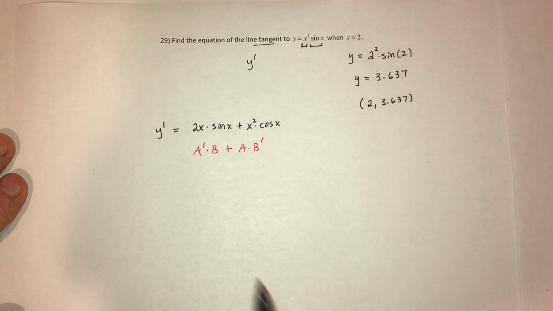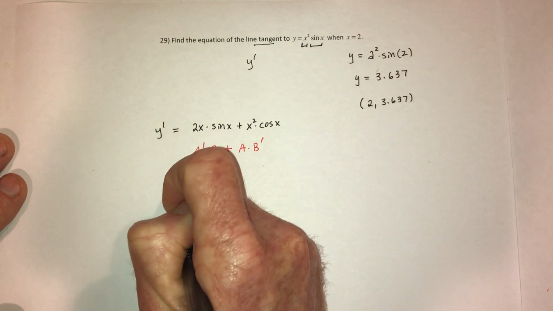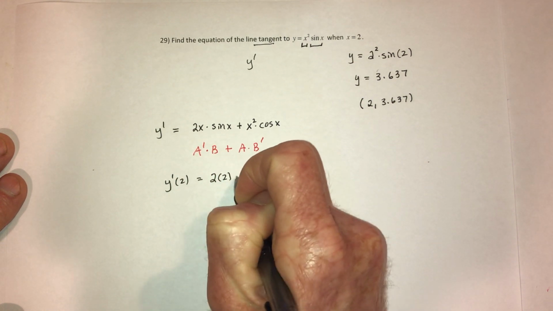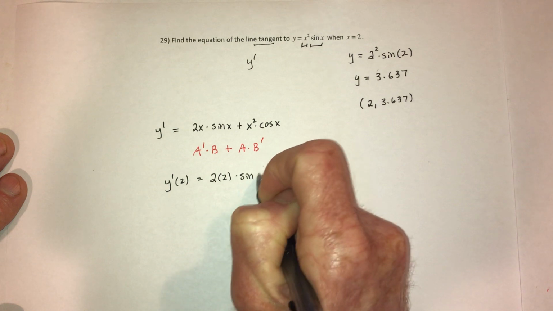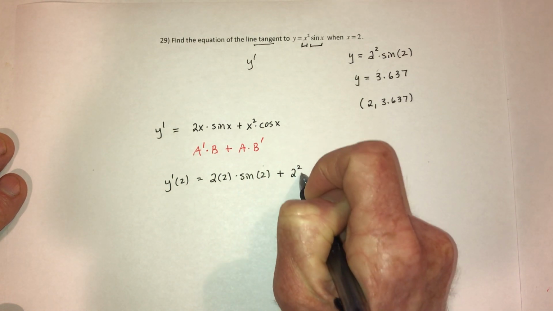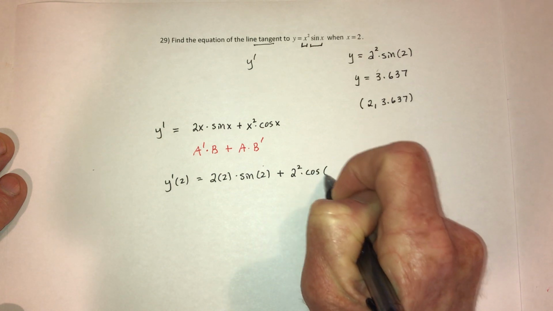There's the derivative. Now plug in a 2. So y prime, when we plug in a 2, will be 2 times 2, then times sine of 2, plus 2 squared, and times cosine of 2.